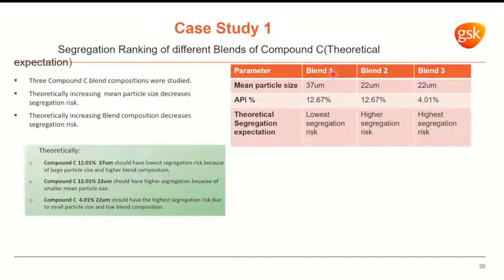Another thing that we know from a theoretical perspective is that the larger the particle size, the lower the segregation risk. So decreasing the particle size and decreasing the API concentration in the blend increases the segregation risk. So we are expecting blend 1 to have the lowest segregation risk because of the large particle size and higher API percentage, and blend 3 to have the highest segregation risk because of the smallest particle size and smallest API percentage.